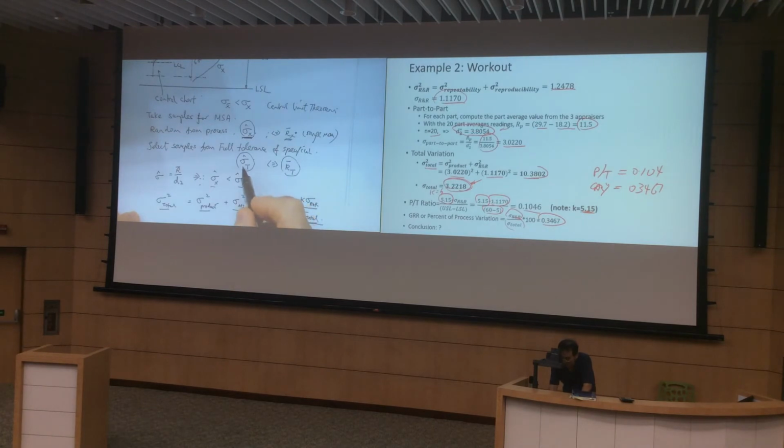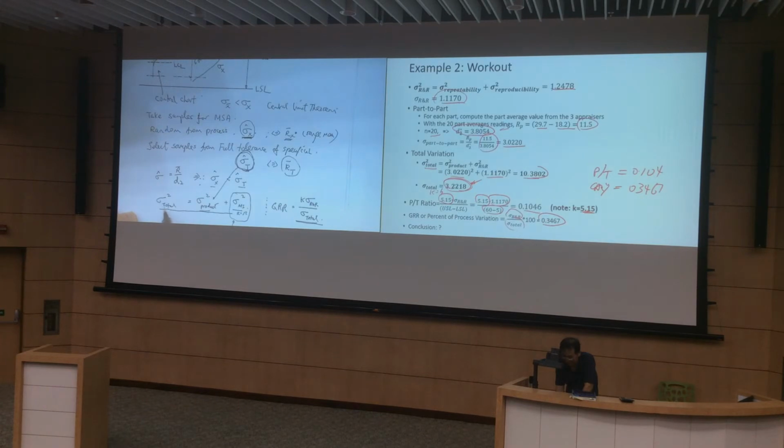So if you take a sample from the full tolerance or the full product range, what will happen to this guy here? Assuming your equipment is good, it's fixed, this part is fixed. If you take a sample from a full product range, you are going to measure something like this, right?